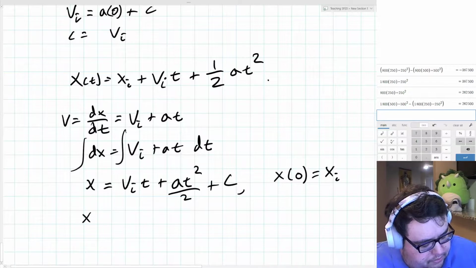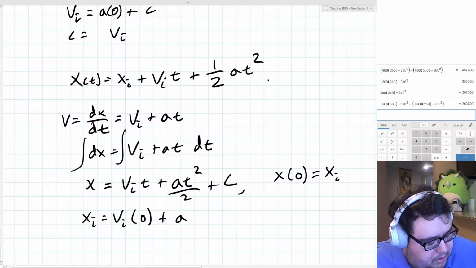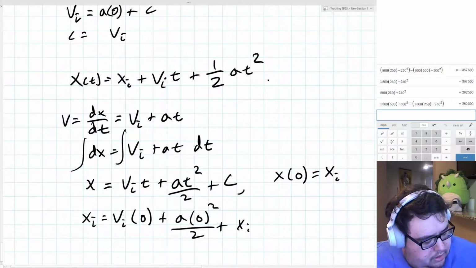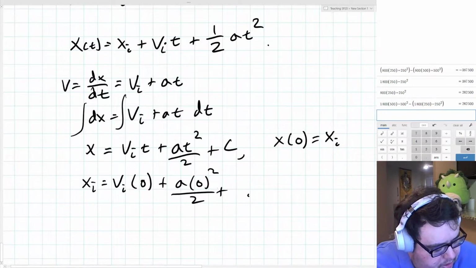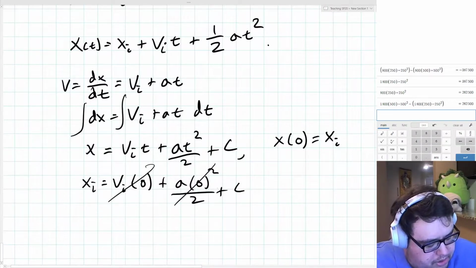So x sub I is equal to v sub I times 0 plus a times 0 squared over 2 plus x sub I, plus c. Again, our non-constant terms disappear.